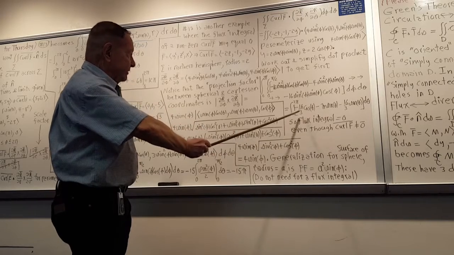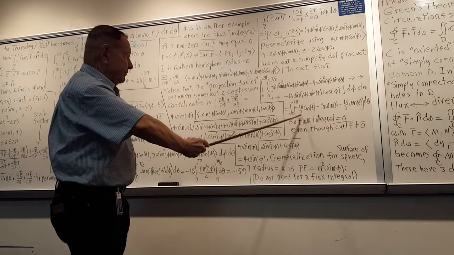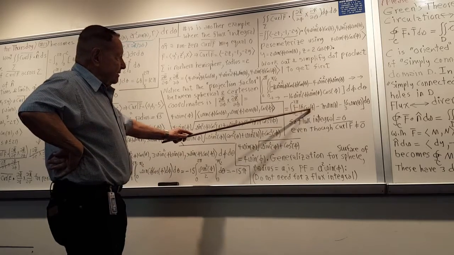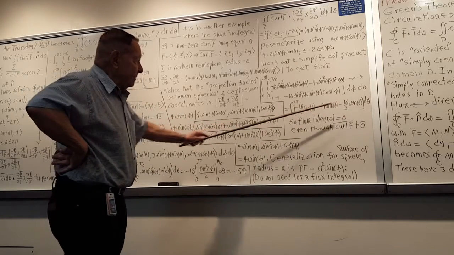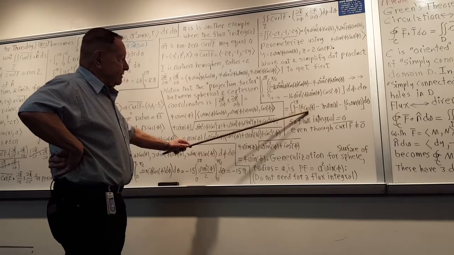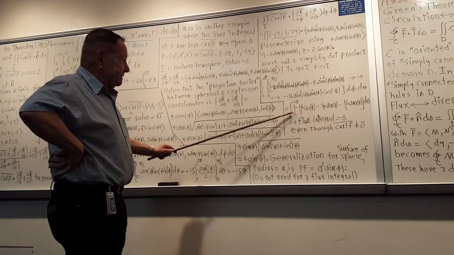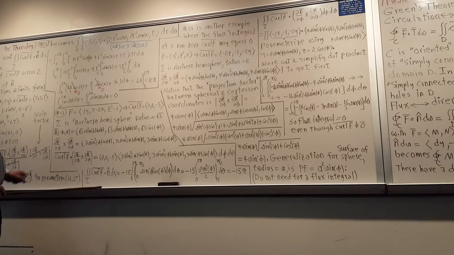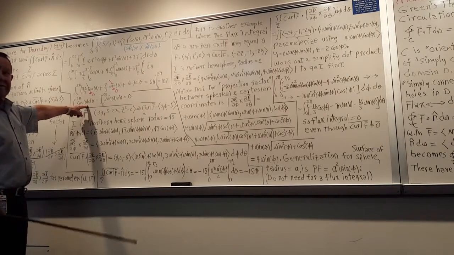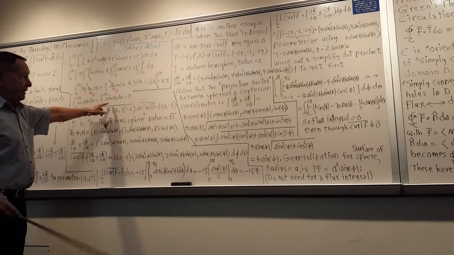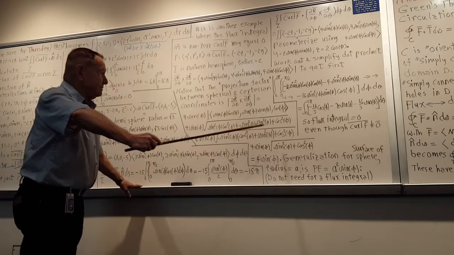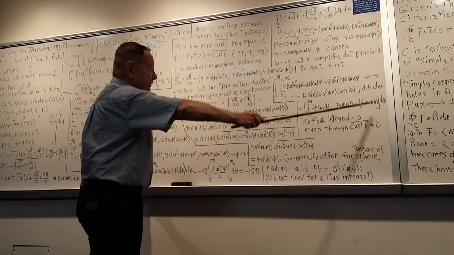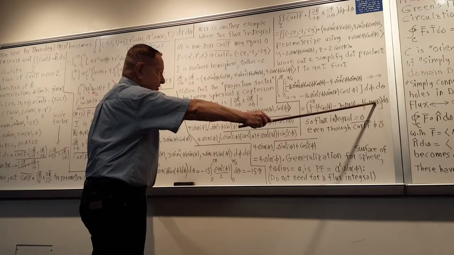And now you can see that your flux integral will be 0 if you integrate these with theta, because again, your integral of cosine from 0 to 2 pi is 0, and your integral of sine is 0, and your integral of sine is 0.